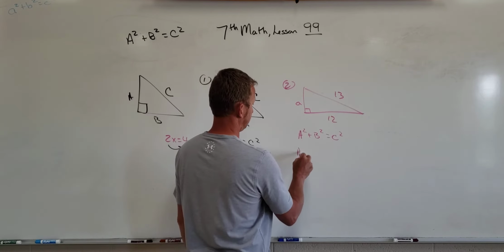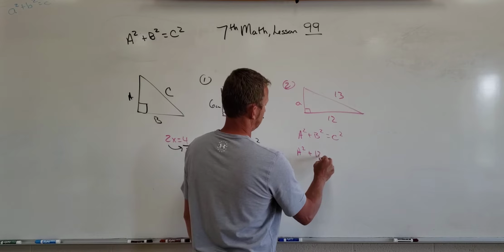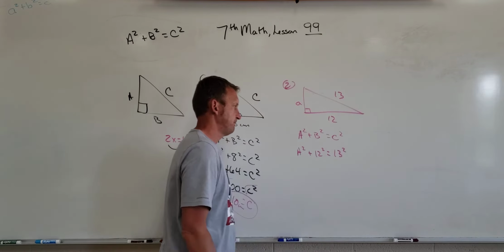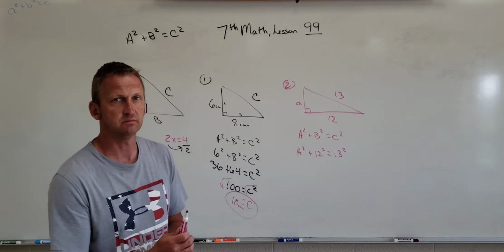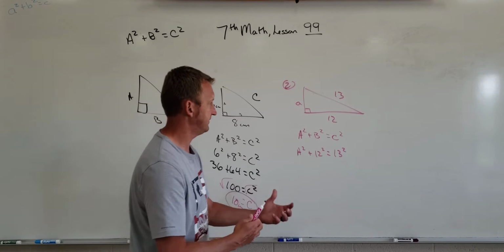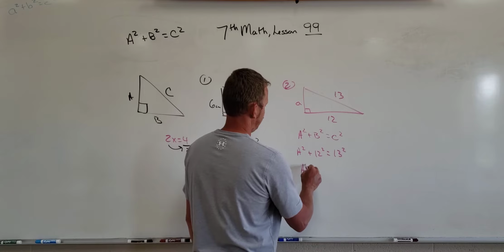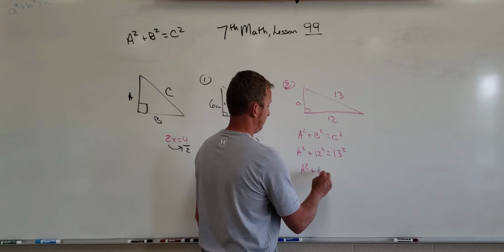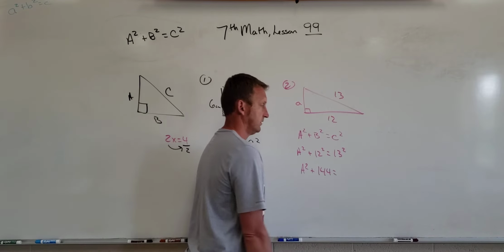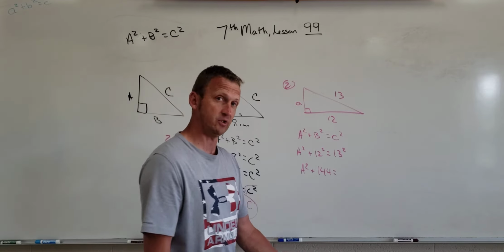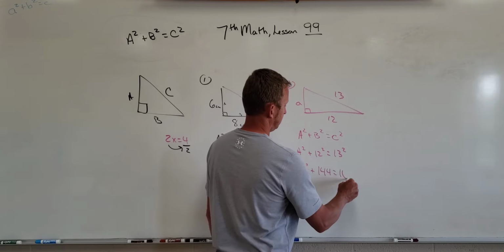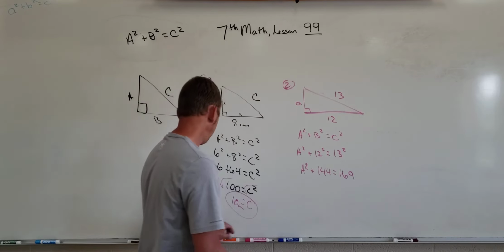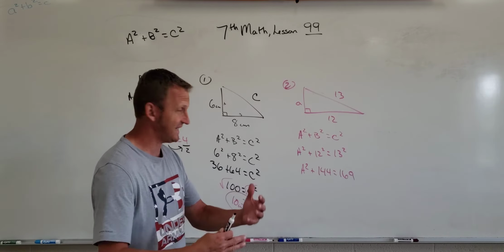We don't know A. C is 13. But we're solving the same way. Now it's just a different letter, different variable. So we still have 12 squared, or 12 times 12, 144. 13 squared, 13 times 13, 169.